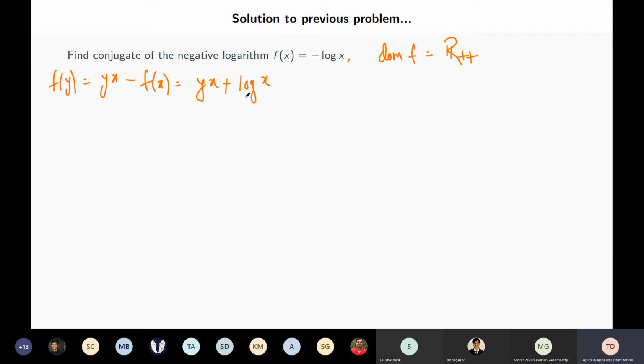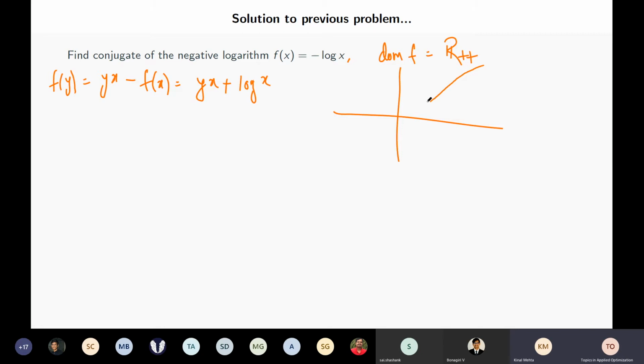That's the question. yx should be constant, but log x is unbounded, right? Even if yx is constant, log x will go up to infinity. It will go slowly, but it will still go to infinity.